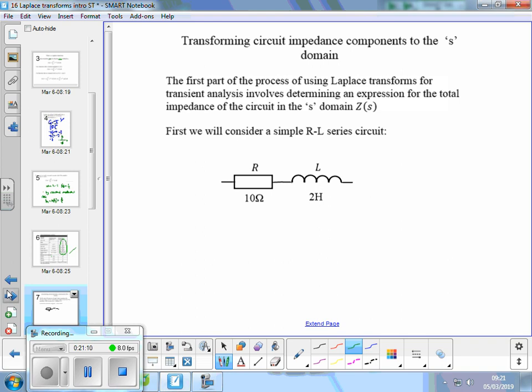Alright, so we'll consider a simple RL circuit. In the time domain, Z is equal to what? Total impedance.